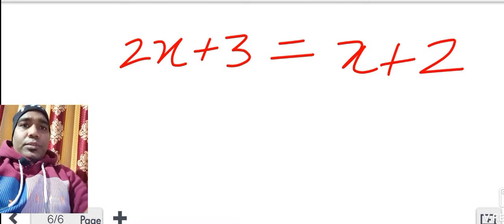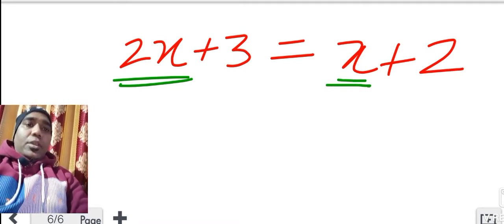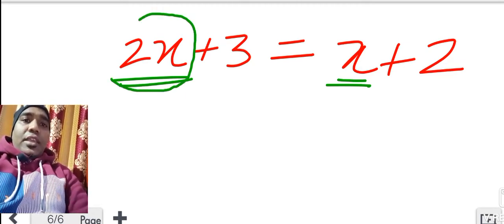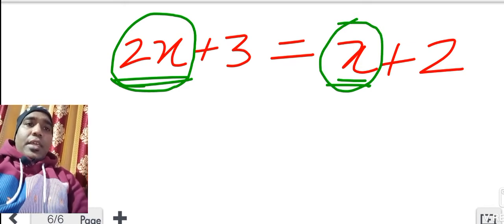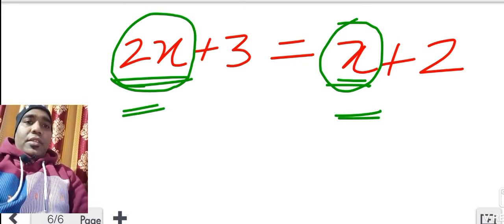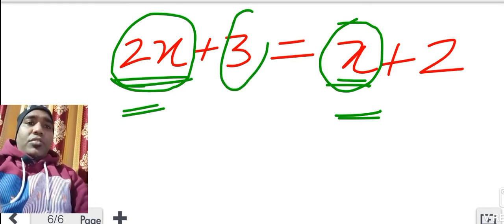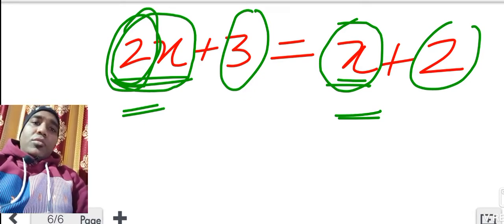The terms having x as variable will be brought to one side, either RHS or LHS. And the constant part, this 3 and this 2, will be brought to the other side.